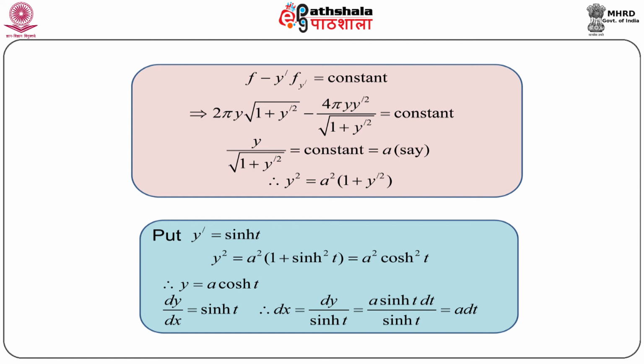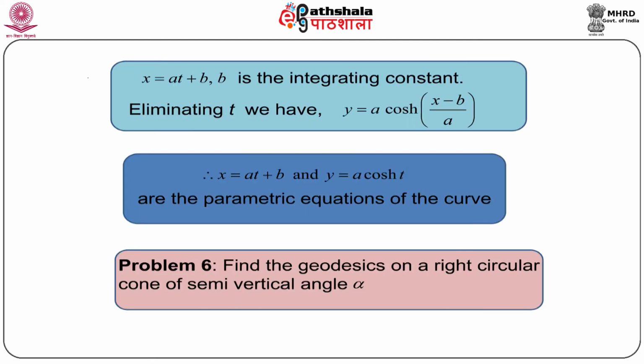After calculating this partial derivative, that is del by del y dash of f, we get this result. F has been just substituted, which gives constant. On simplification, this gives this one. Taking square, we get this result.